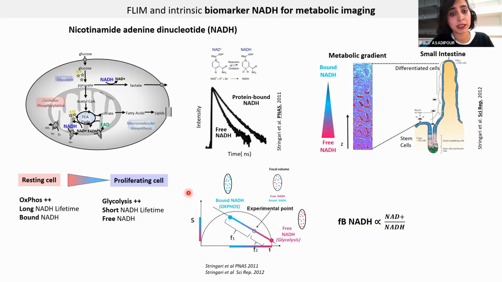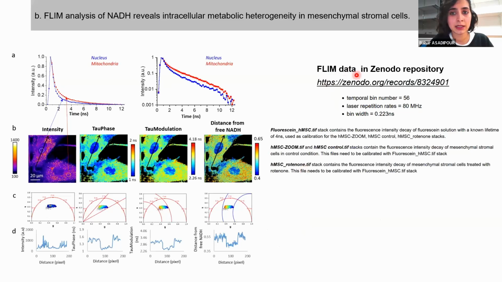And in the proliferating cells, this phenomenon is mostly shifted towards a more glycolytic metabolism, which corresponds to a short NADH lifetime and an abundance of free NADH. What we have is our cells, and we are seeing the intensity, tau phase, and tau modulation, and also the distance from free NADH.